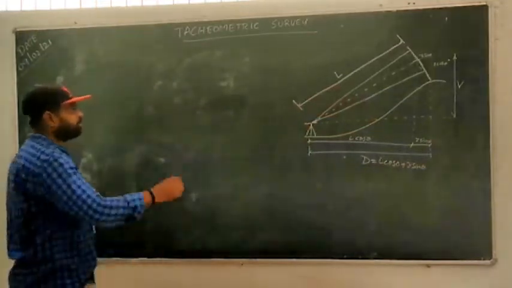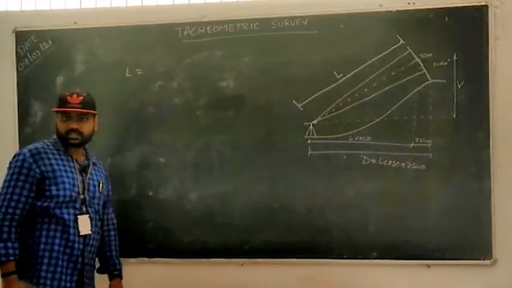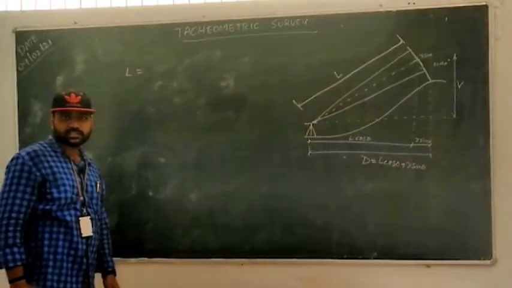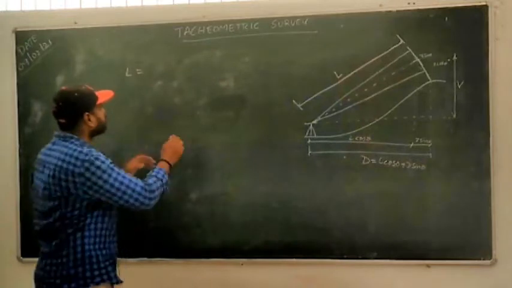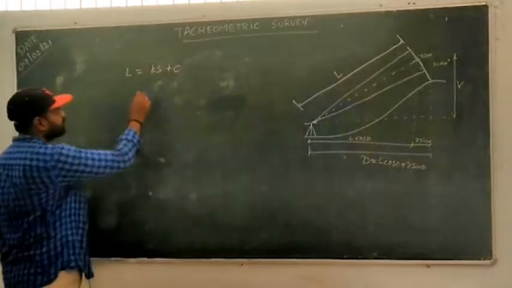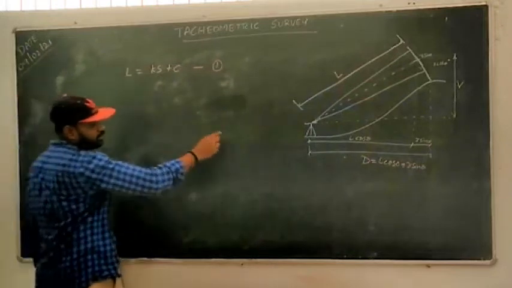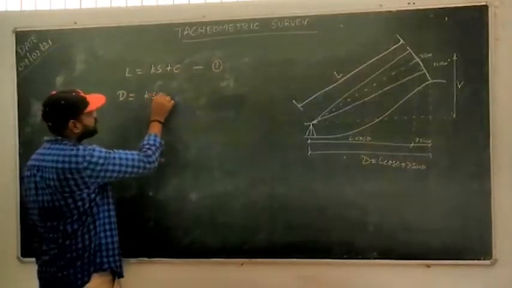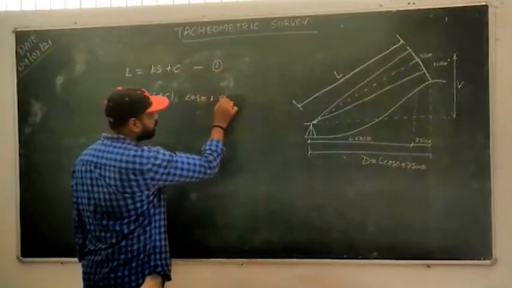What was the formula for L in the previous case? Do you remember? Ks cos theta plus C. But here this length is normal to the sight, so L becomes Ks plus C. Now if you substitute this L, equation number 1, into this D formula, what happens? D is equal to (Ks plus C) into L cos theta plus R sine theta.